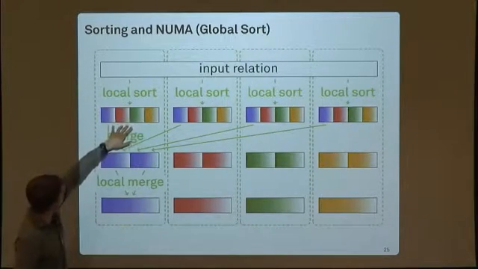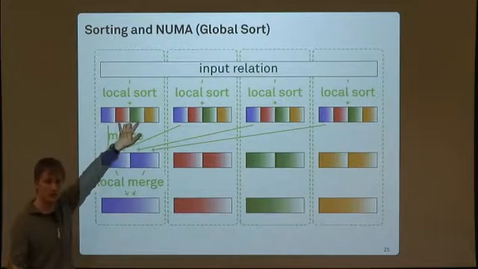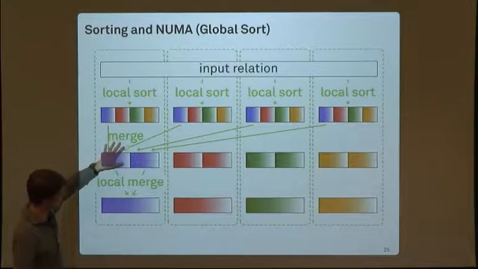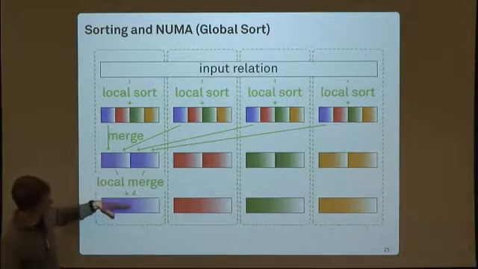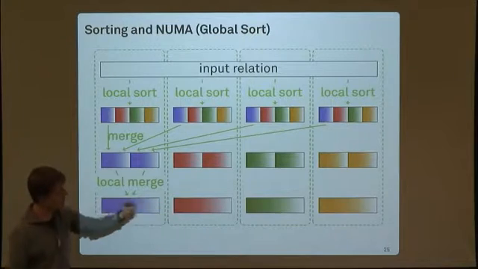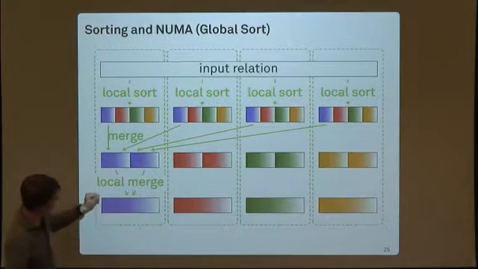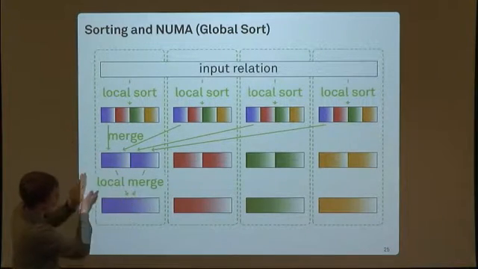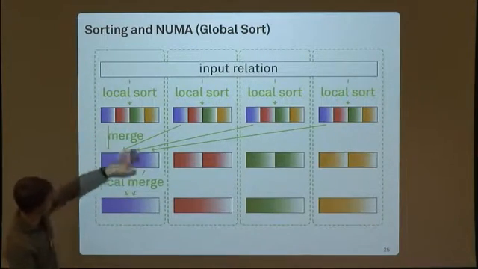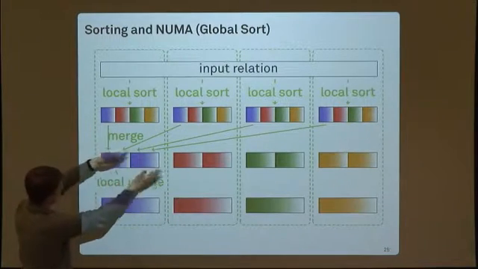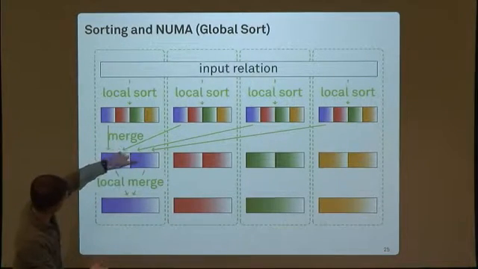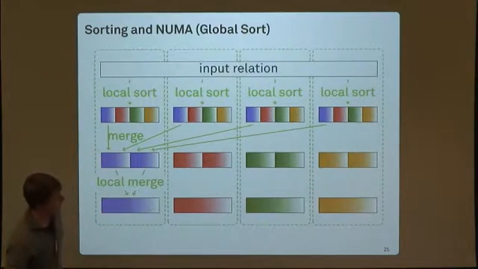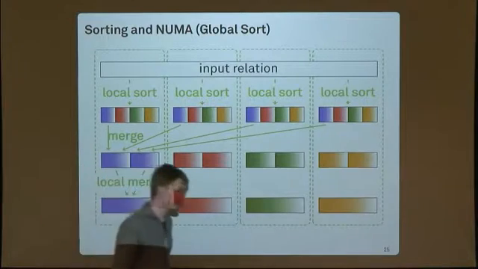Then you typically do first a local sorting within each NUMA region to avoid memory traffic across the NUMA regions. Then, if you want to obtain a globally sorted result, which I'm assuming here, you need to merge across those NUMA regions, as shown here. So you do two two-way merges here, and then another two-way merge here, until you end up with a sorted result.